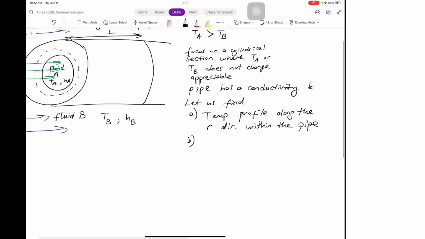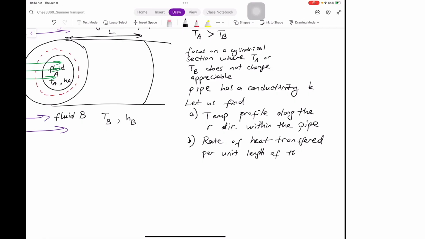And let's find out the rate of heat transferred per unit length of the pipe.